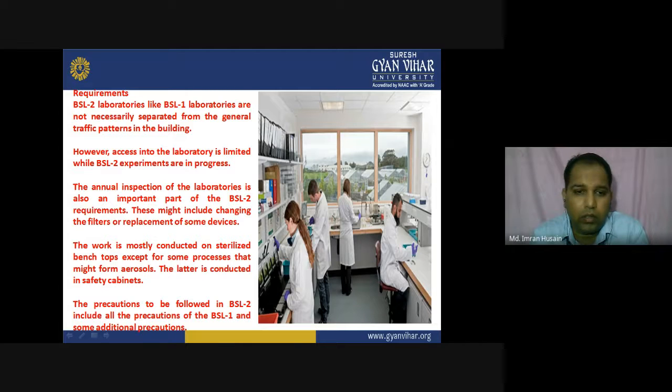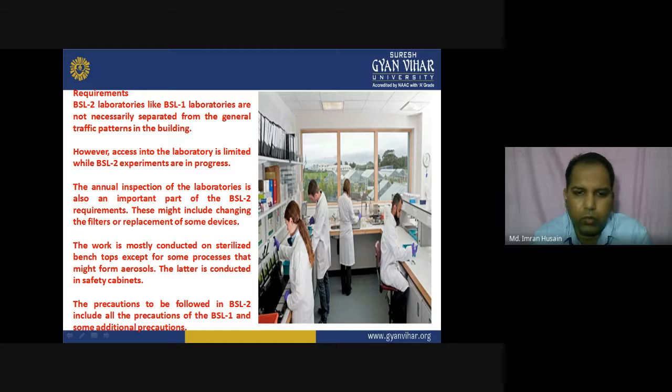The latter is conducted in safety cabinets. So, safety cabinets are also present there, and it is much more advanced in comparison to a BSL1 facility. The work is mostly conducted on the sterilized benchtops.